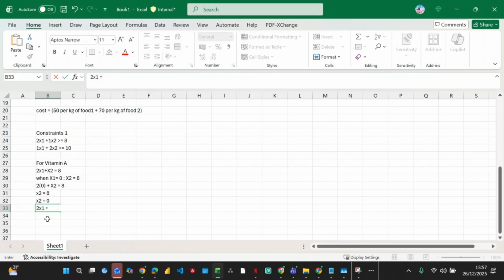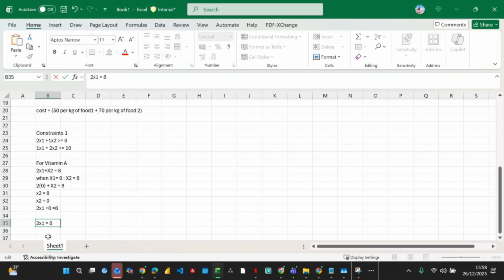Now we have 2x1, same equation, 2x1 plus 1 times 0, which is 0, equals to 8. Now we are looking for x1.